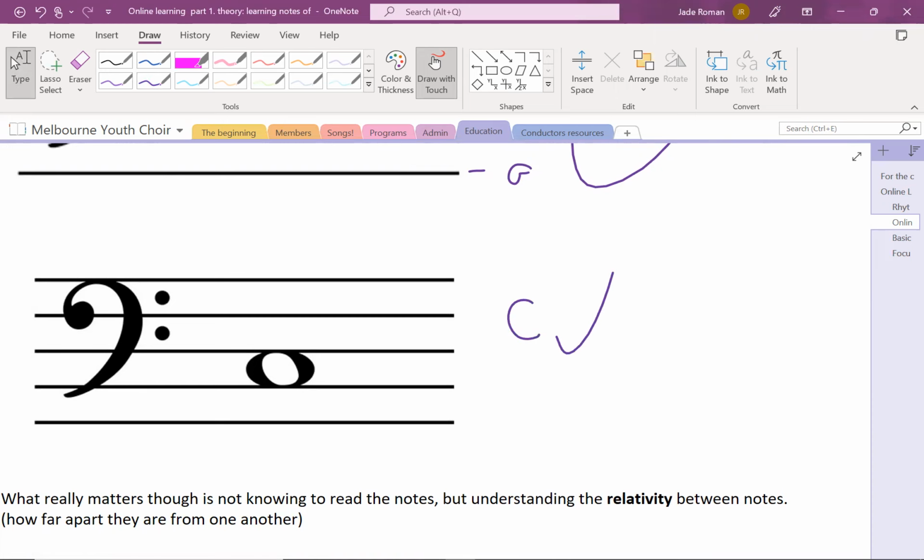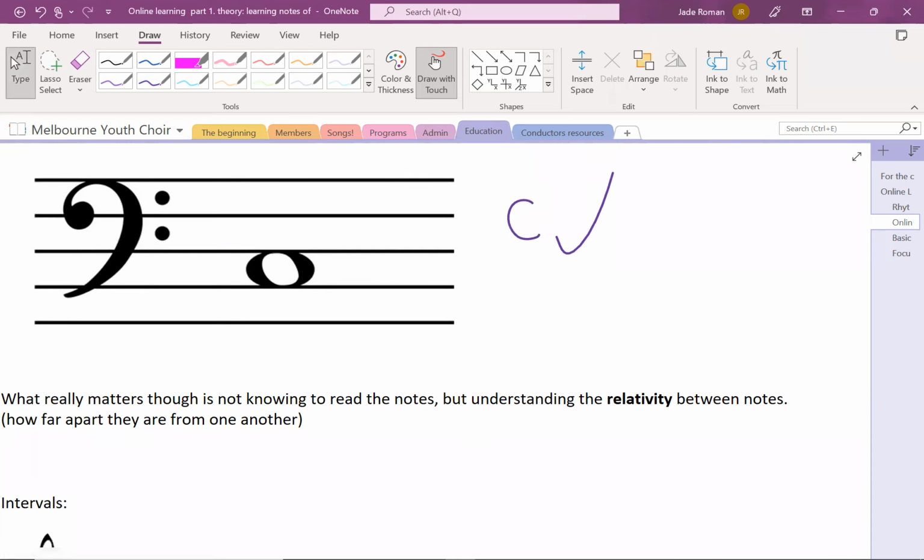Awesome. So like I said last time, I'm not so interested in you being able to identify this is an F or an A or a C. I'm much more interested in what you actually do with the information, in seeing where you are on the ladder and in knowing how to move up and down the ladder.